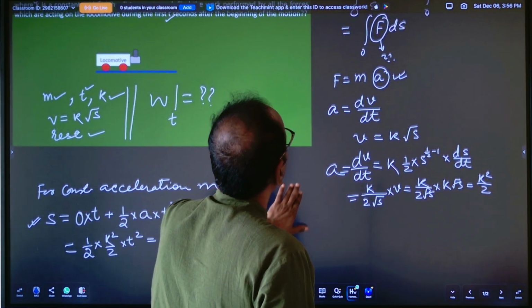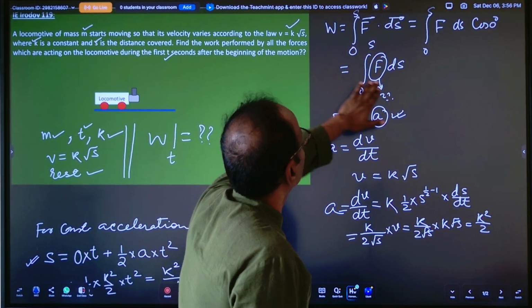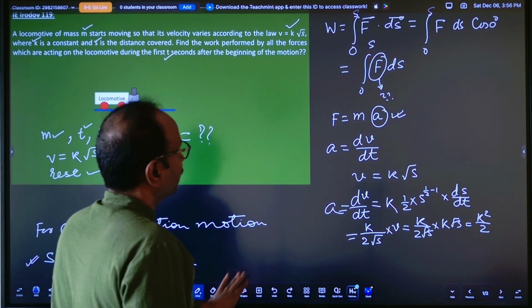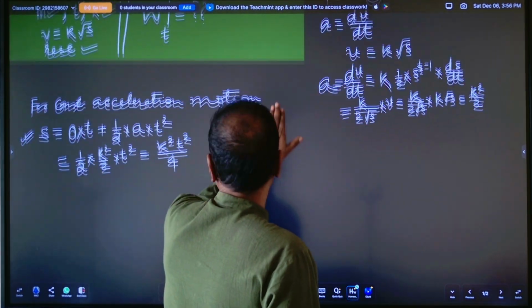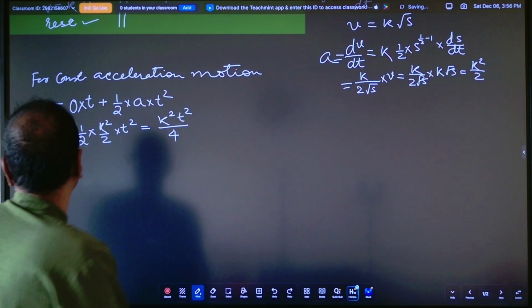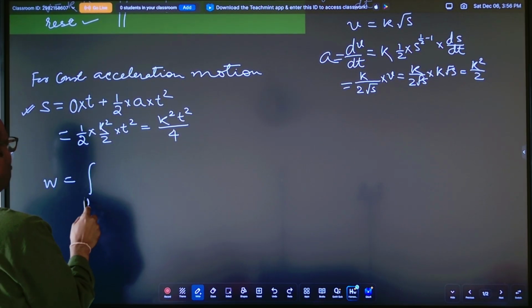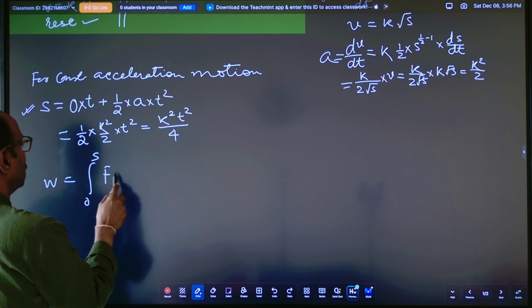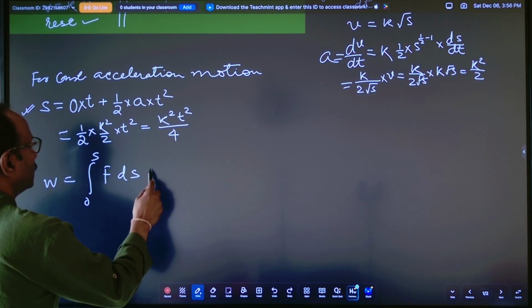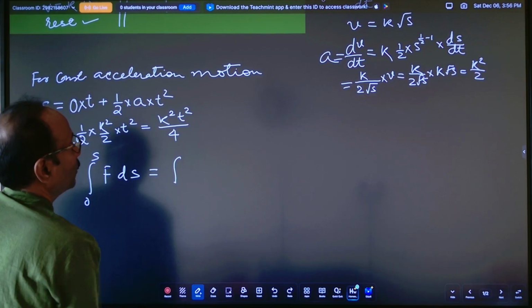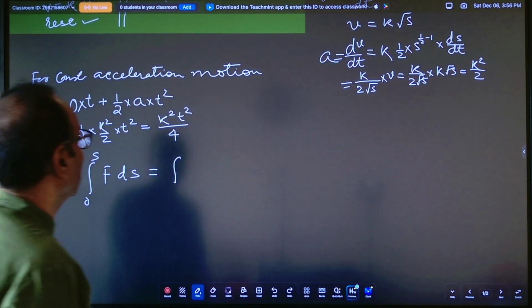Now, where is your work done? Work done equation is here, integral of F ds. So bring this work done equation here. What is your force? Mass into acceleration.